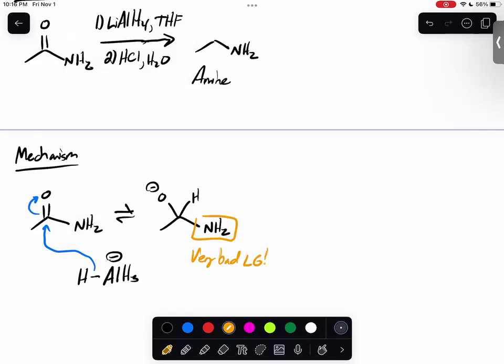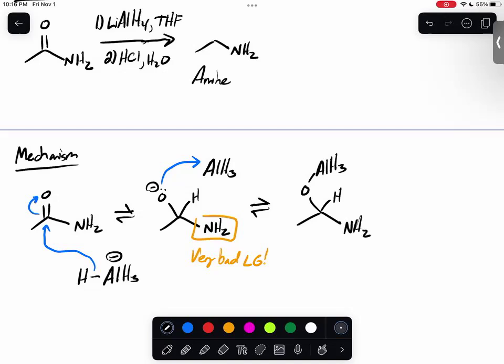What's going to happen in the meantime is we still have that aluminum in solution, right? And this is the reason the complexation is actually important. Because if this forms an associated product with our aluminum, what we've just done is we've made a neutral oxygen species. And what's good about a neutral oxygen species?